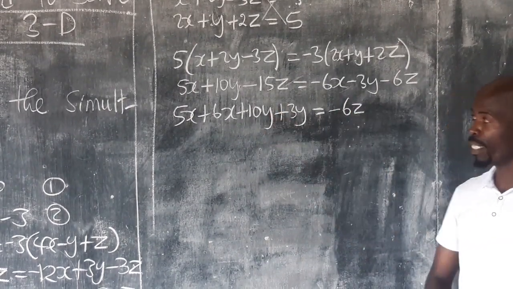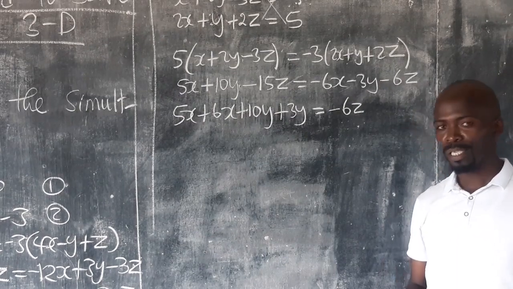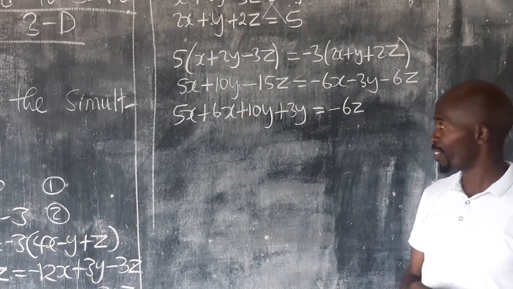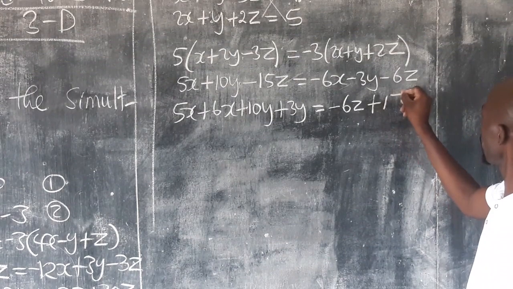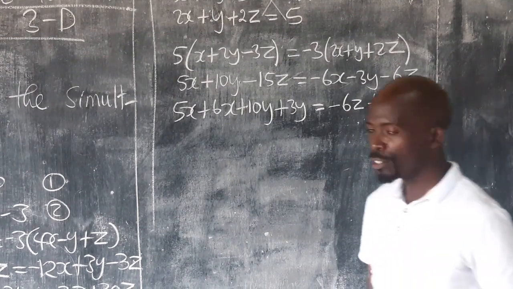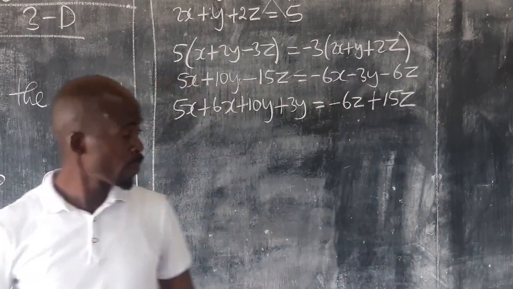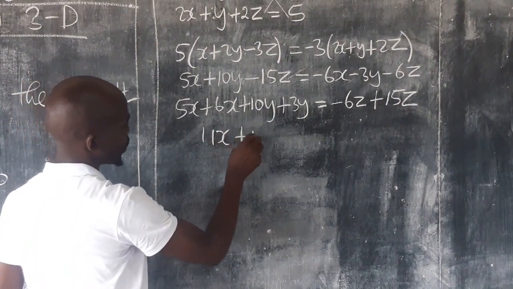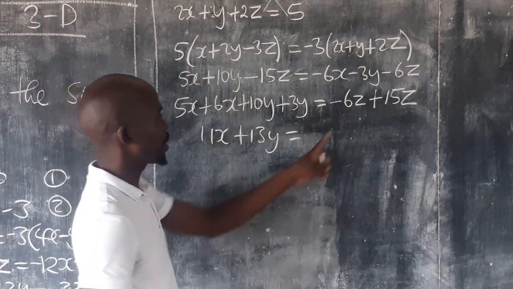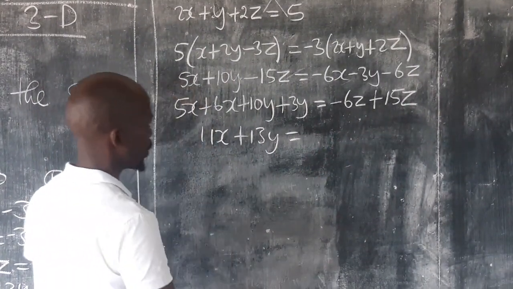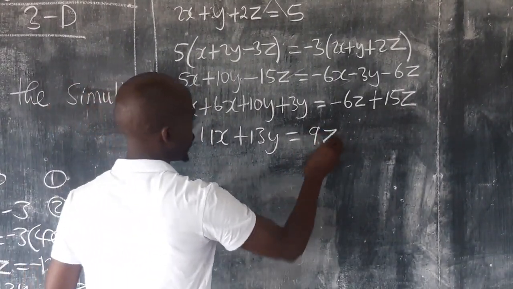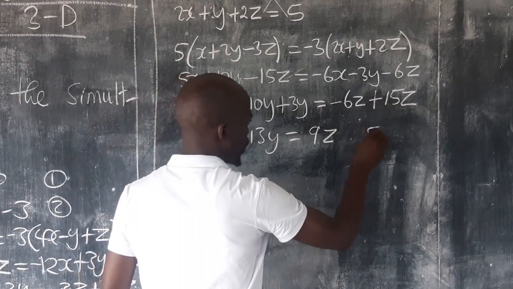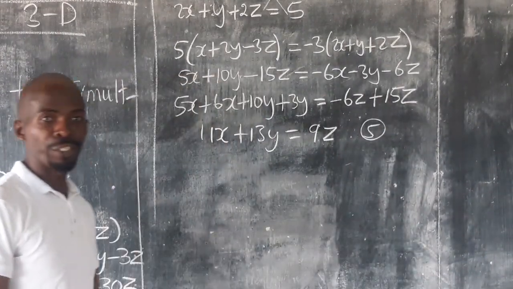The additive inverse of negative 15z is positive 15z. Simplify at that point. We have 11x plus 13y equals negative 6z plus 9z gives us positive 9z. This is our fifth equation.